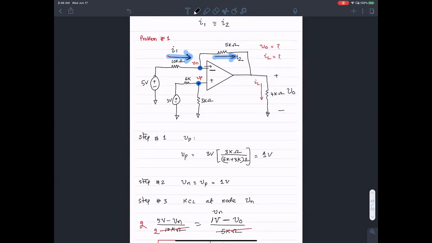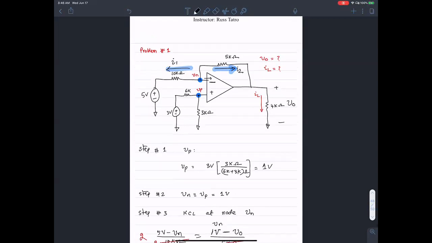On the other hand, if I chose a current direction that's going this way, and it's completely up to me, I could choose a current direction that I prefer and stick to it throughout the problem. Be consistent with it. Then what I would say is I1 plus I2, the sum of currents leaving a branch is 0. Both of these lead me to the same solution. So that's the idea.